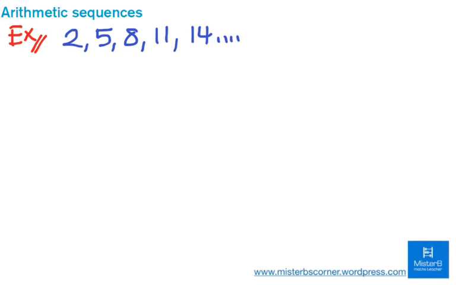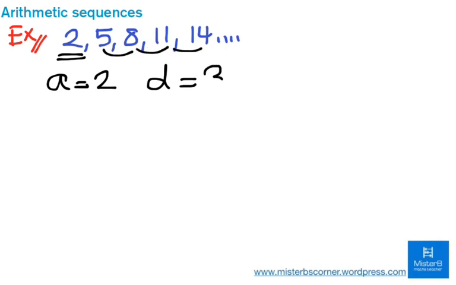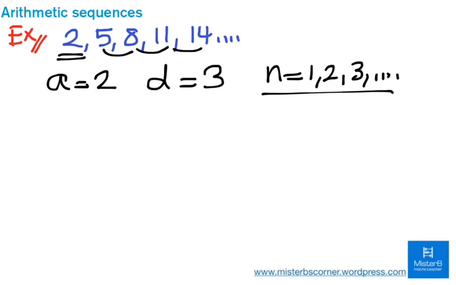Now for this sequence, I know that the first term is 2 because it starts with 2, and the common difference is, well, if I check any one of these I can see that it is 3, and I know that n starts with 1, 2, 3 and it goes on like that. Basically the sequence here, or any sequence in general, is a relation between those values of n and the terms of the sequence.